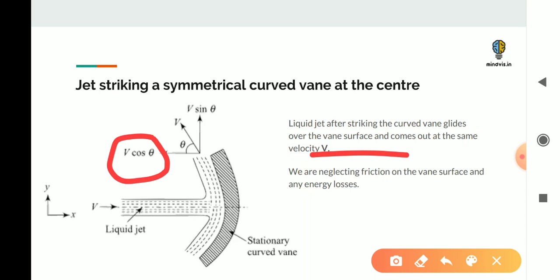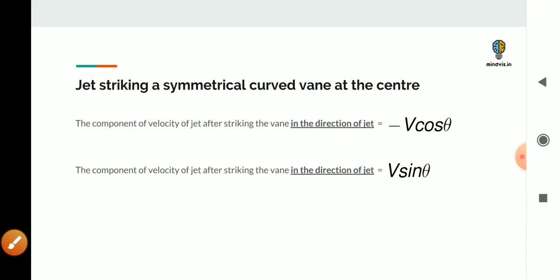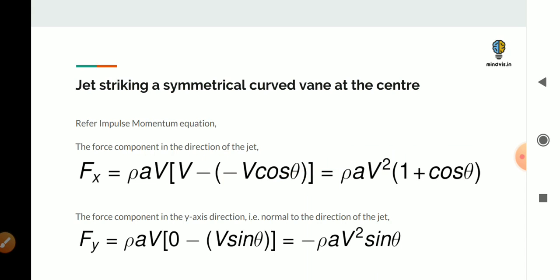So the component of velocity of the jet striking the vane in the direction of the jet is minus V cos theta, and after the striking it is V sin theta. So Fx is rho A V square (1 plus cos theta), and Fy is rho A V square sin theta.